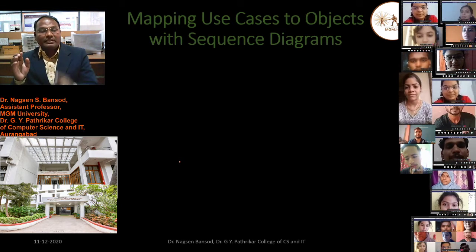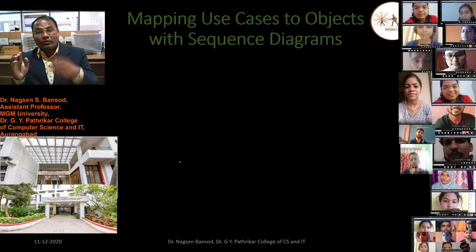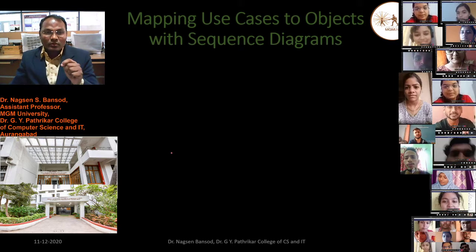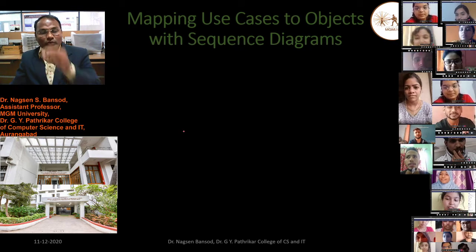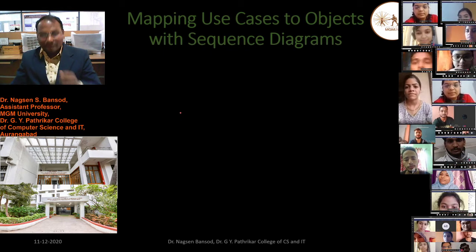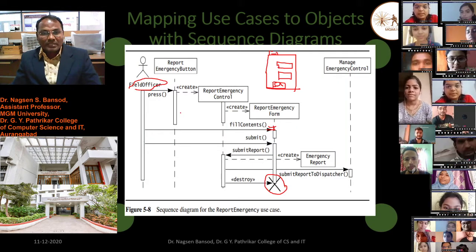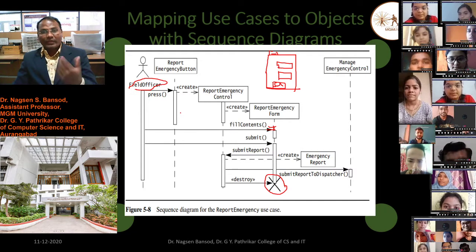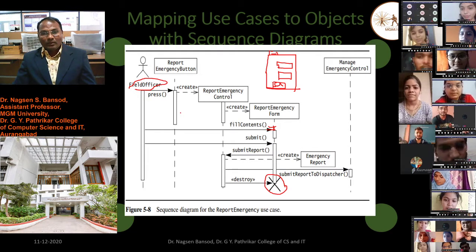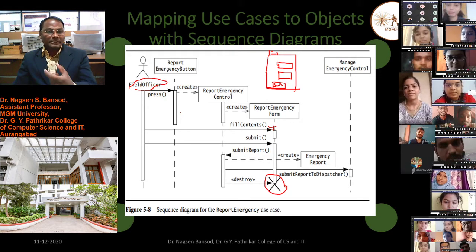To represent that, we design the sequence diagram. How the user transmits a message to the system, to a particular object, all of that we can represent with the help of a sequence diagram. As in the practical in the morning session, we saw how an ATM machine works.